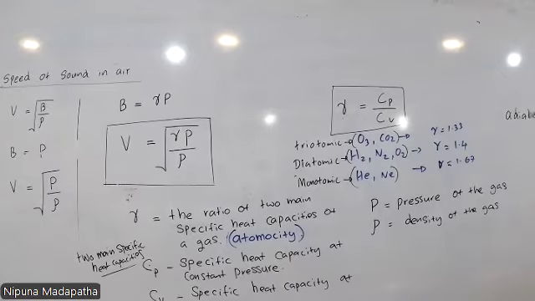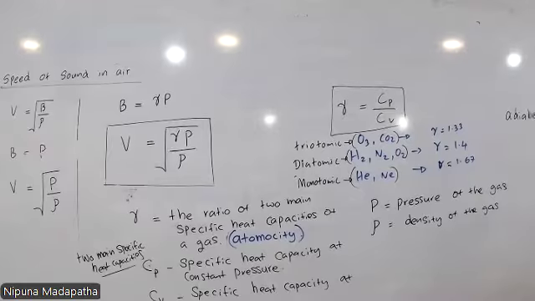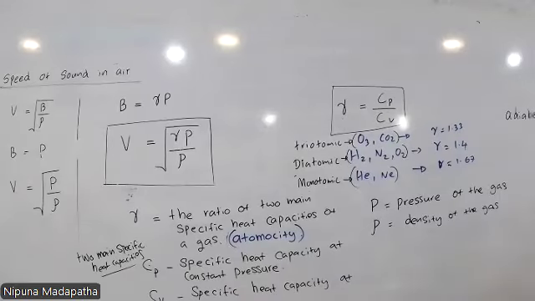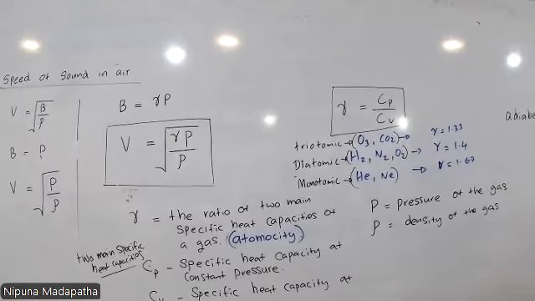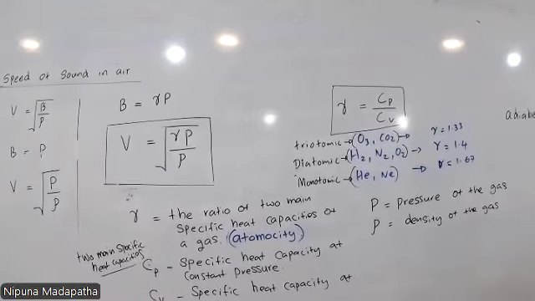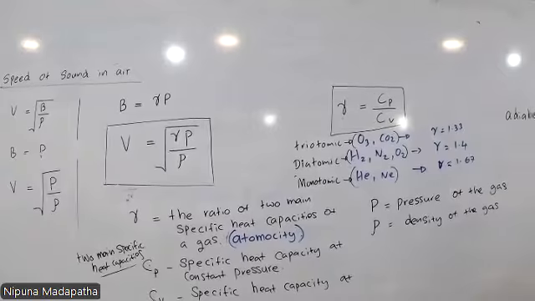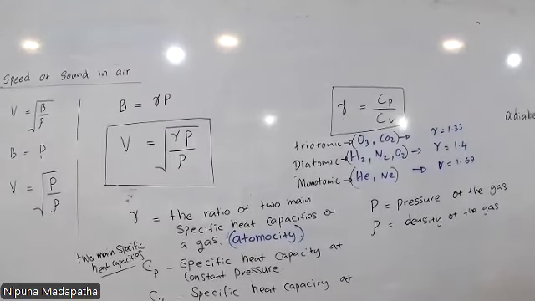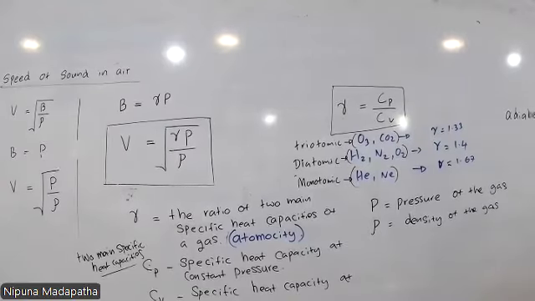What is standard? Normal. So normal means 27. For example, room temperature.